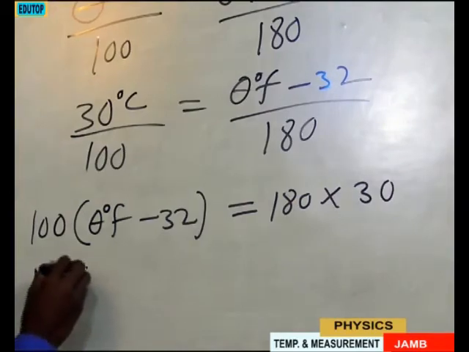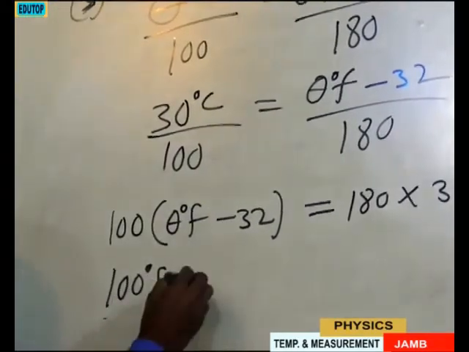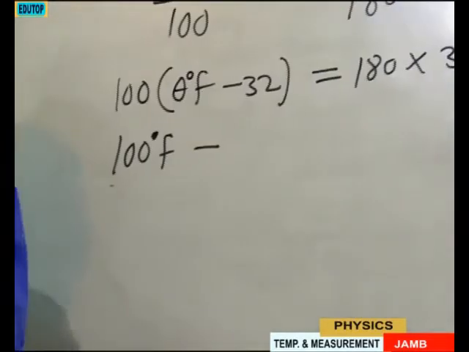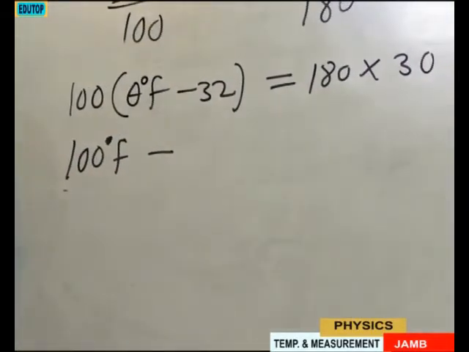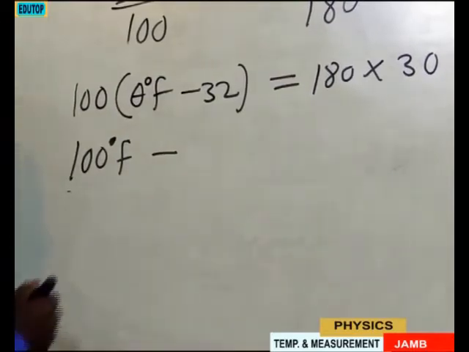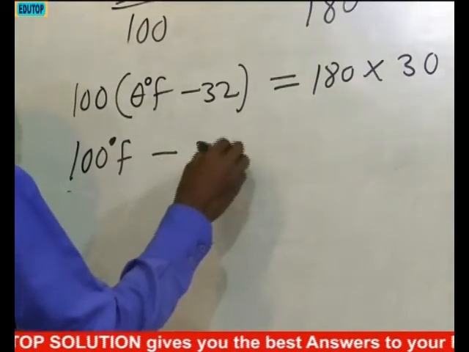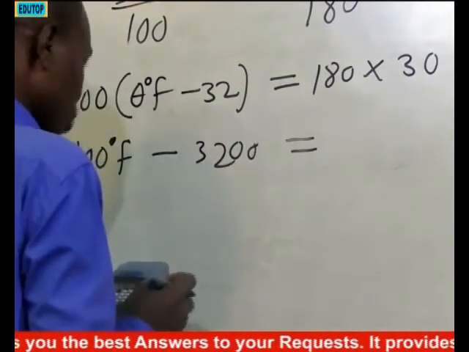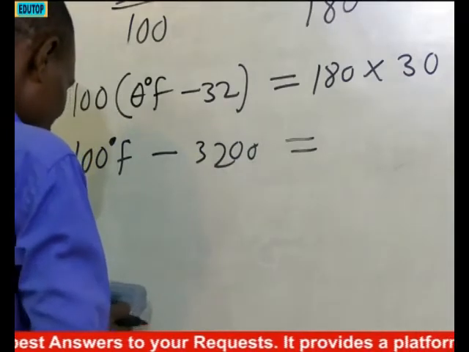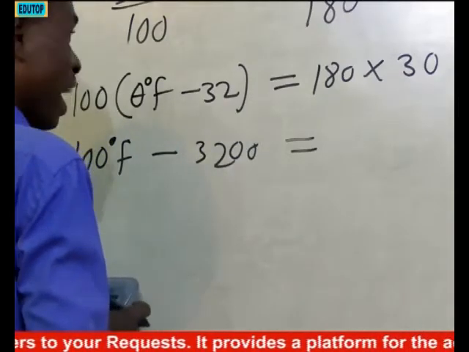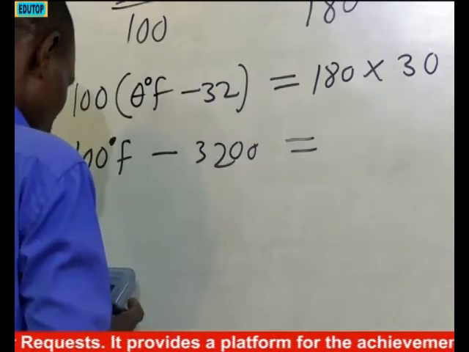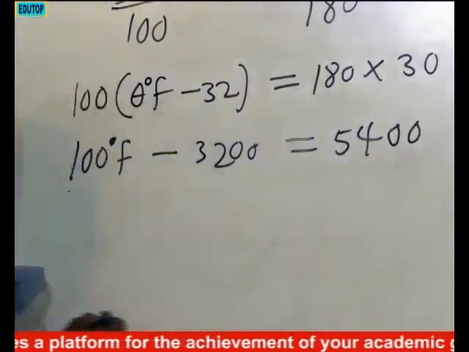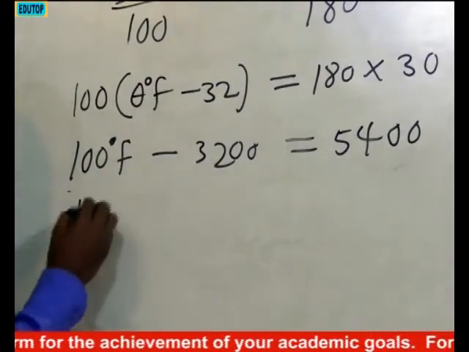If we multiply, this is 100 Fahrenheit minus 100 times 32, and what we are going to have there is 3,200, which will be equal to, let's multiply 180 by 30. You are going to have 5,400.